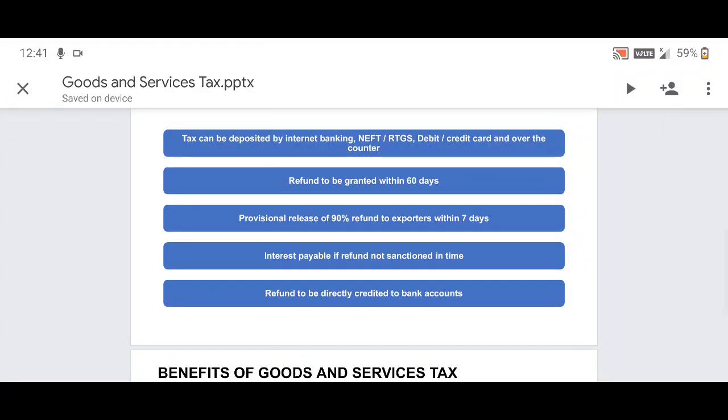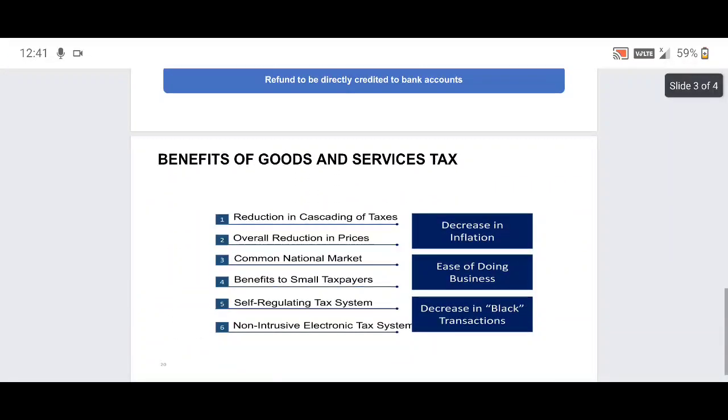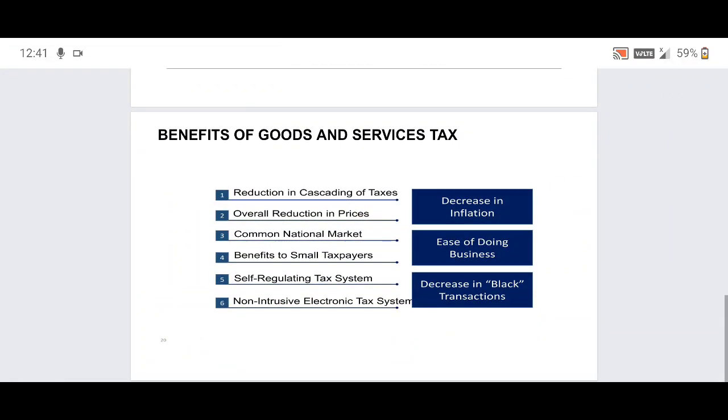Why was this act introduced? What was the need? What were the drawbacks under the earlier regime? So, friends, the very first and important benefit of GST is reduction in double taxation.